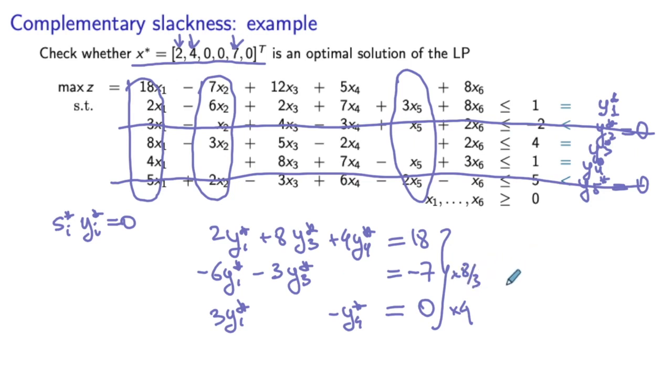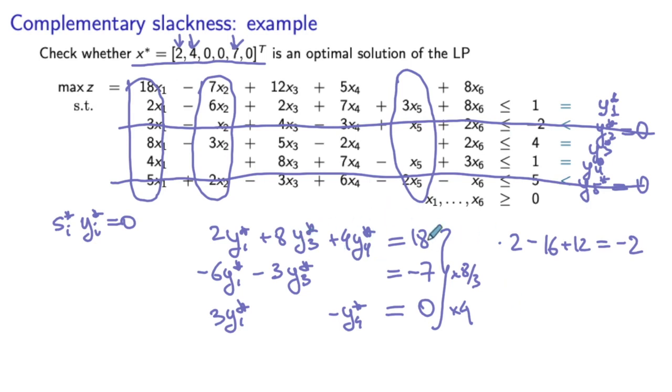So when we do that, let's see what will be the coefficient for y1 star. The coefficient for y1 star will be 2 from here, then minus 6 times 8/3, 16, and then plus 3 times 4, which is 12. So the coefficient for y1 star is going to be negative 2. This will become 0, because we picked the multipliers here to eliminate y3 star and y4 star from the first equation.